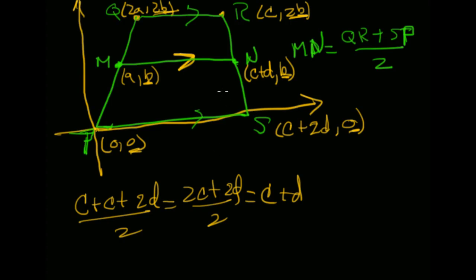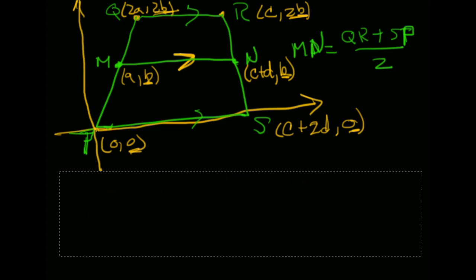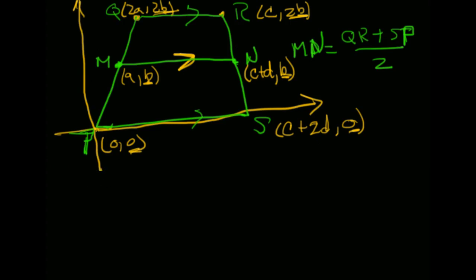Now, finally, we get a little bit of a game here. How do I show that the distance QR plus SP divided by 2 is MN? So let's take a look at this. We're going to have to do some mapping. QR is the distance from 2A to C, so that's going to be C minus 2A.